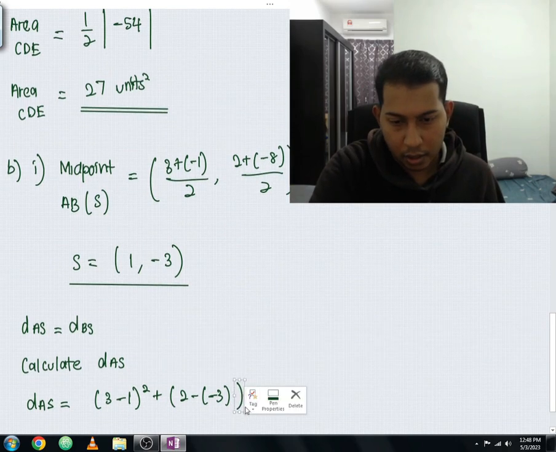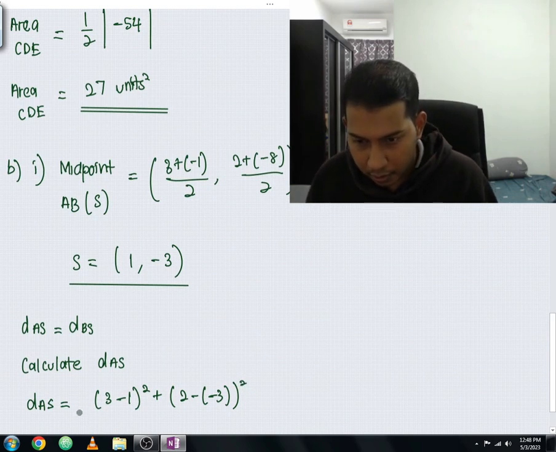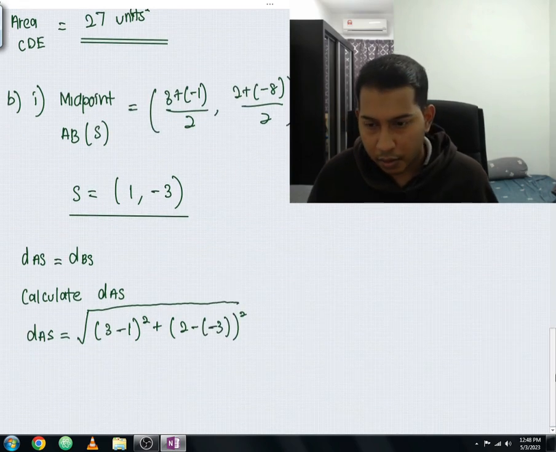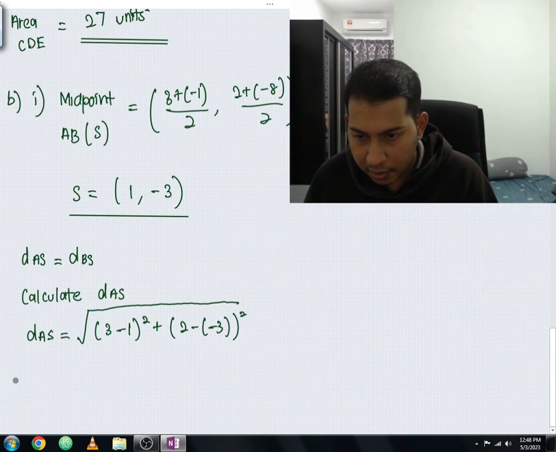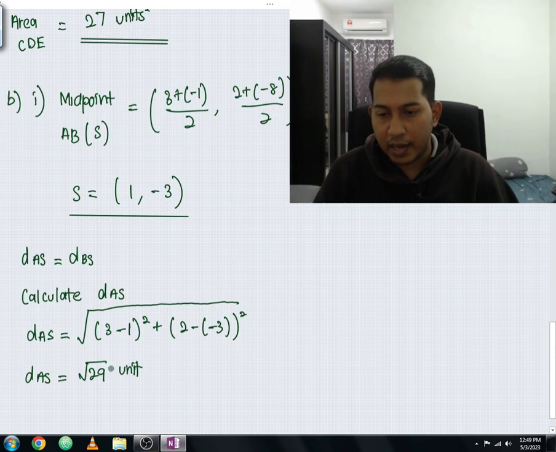Okay, now it's better. So from here you calculate this, you should get your distance AS is equal to square root 29 units. Why do I leave the answer in the surd form?